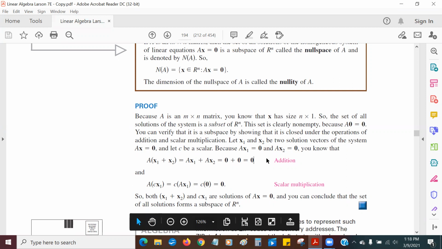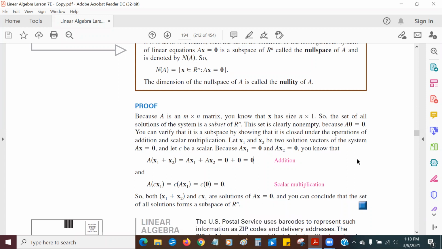So if x1 and x2 are both solutions of the homogeneous system, then x1 plus x2 is a solution, and c, a scalar, times x1 is a solution. Hence, the solution set is closed under addition and scalar multiplication, and we learned that that's the test for a subspace. If you have a subset of a vector space that's closed in this way, then it is a subspace.